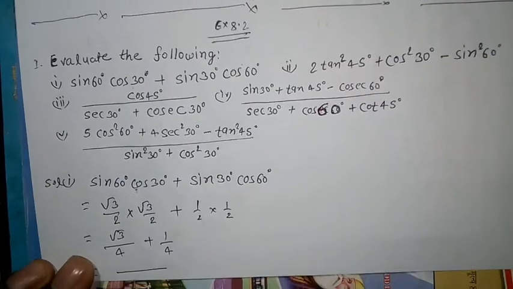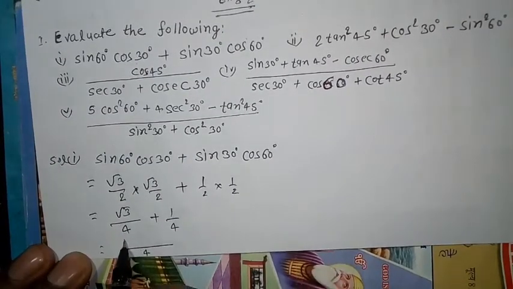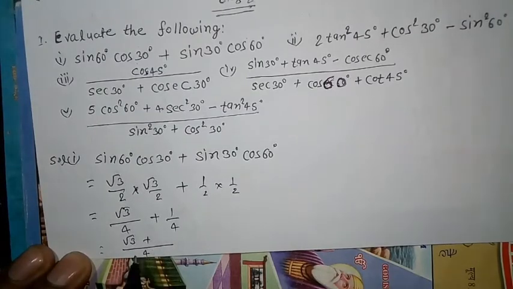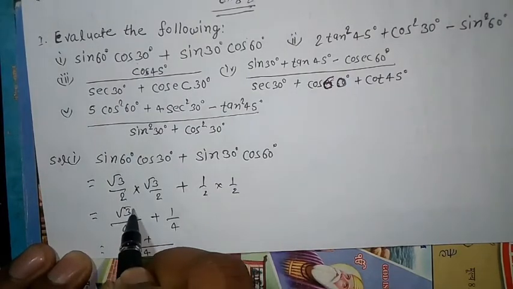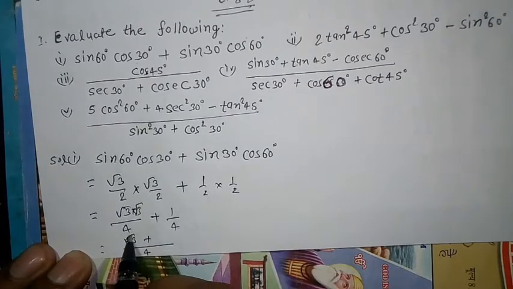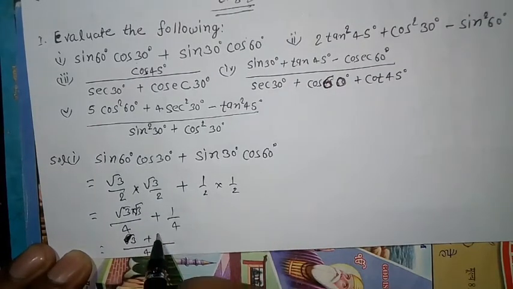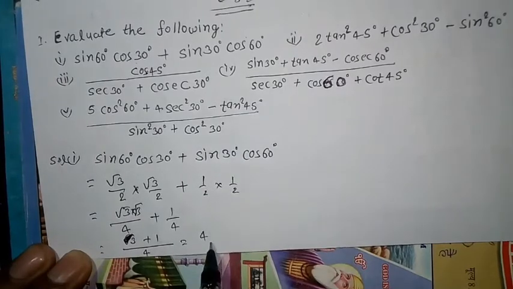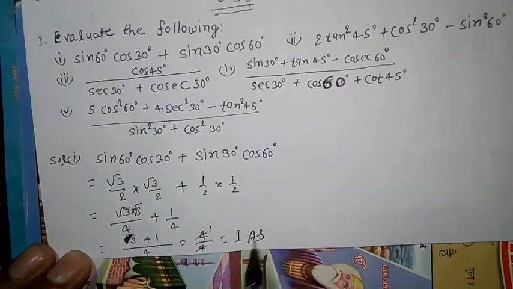LCM is equal to 4, then 3 plus 1 is equal to 4 by 4 is equal to 1. Answer.